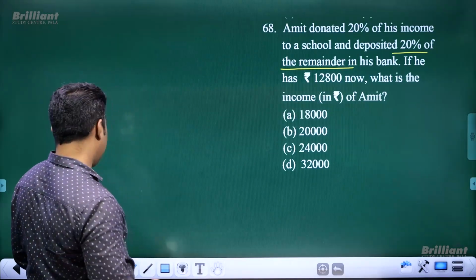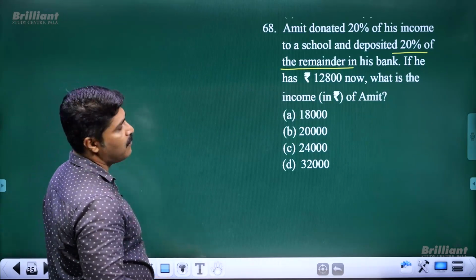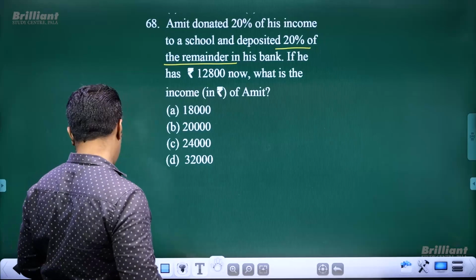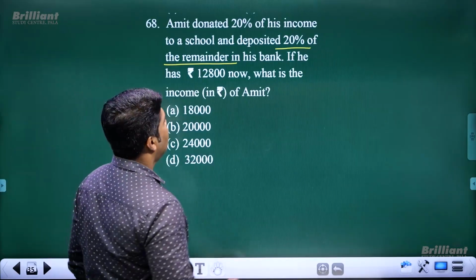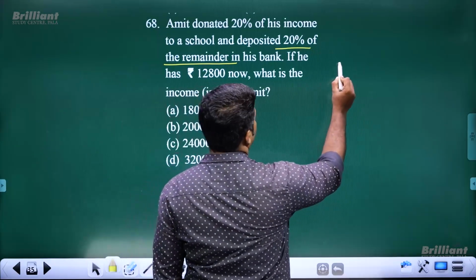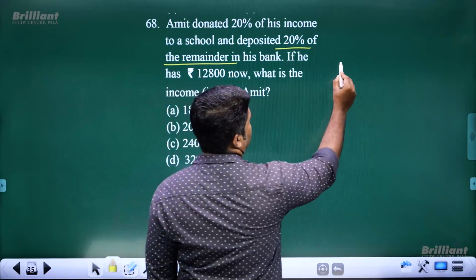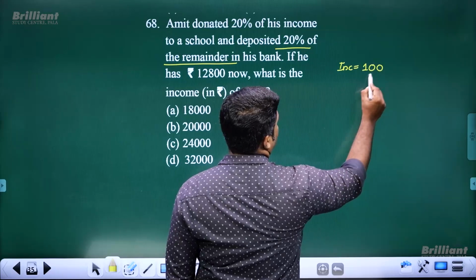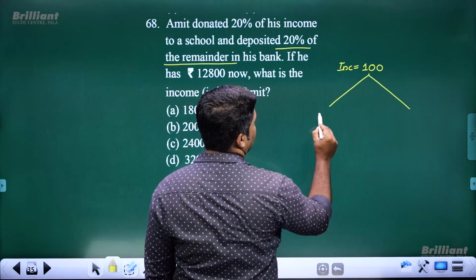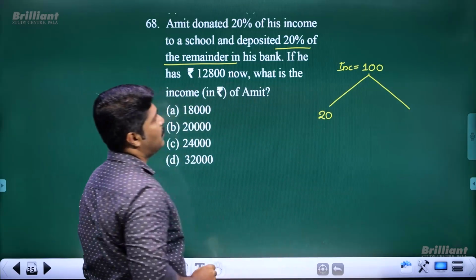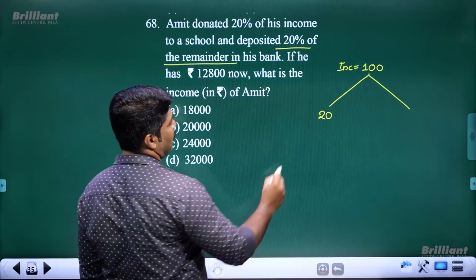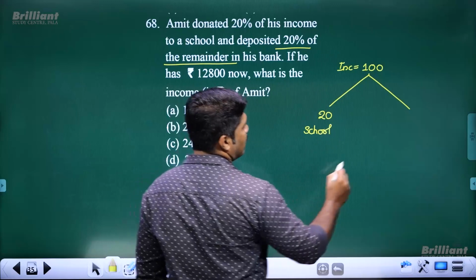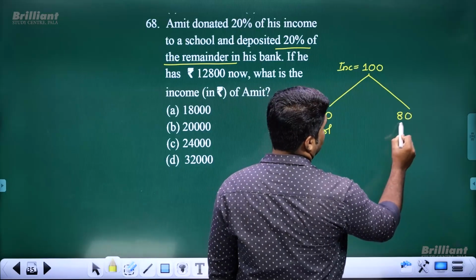Suppose we use the unitary method for this type of question. We start by considering his income to be 100. So 20 he gave to a school, and the remaining is 80.